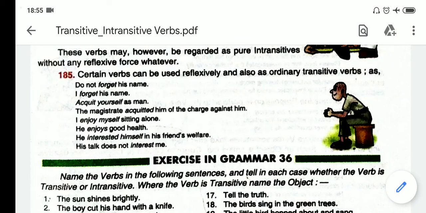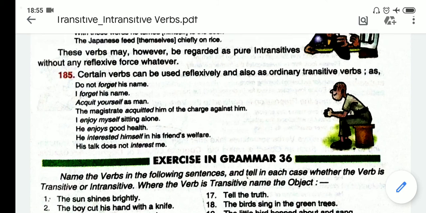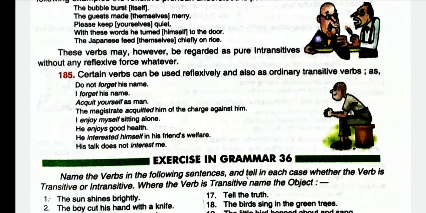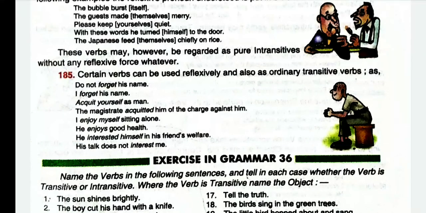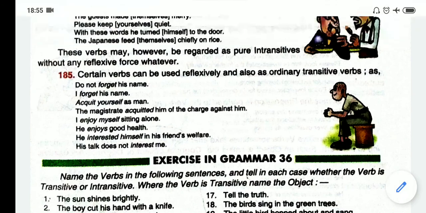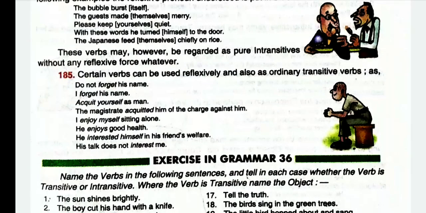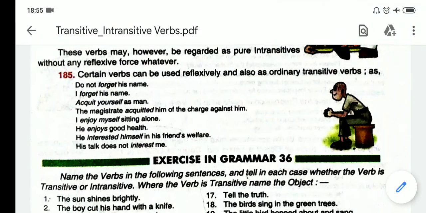But the same verb interest in this last sentence, his talk does not interest me, is used transitively. In this case, the subject, his talk, and the object, me, are different. So you will say that interest is used transitively. If you have any questions, you can ask.